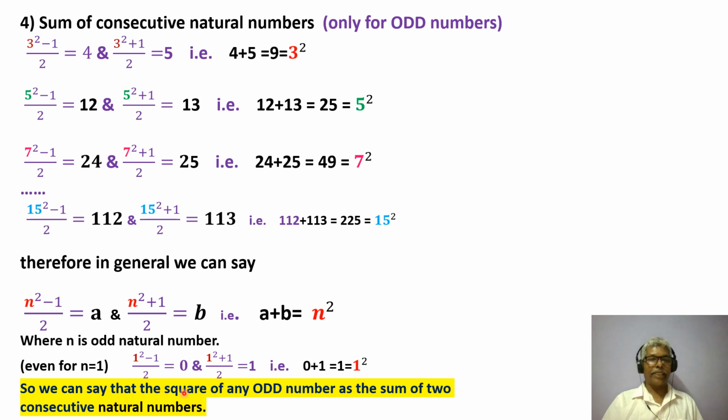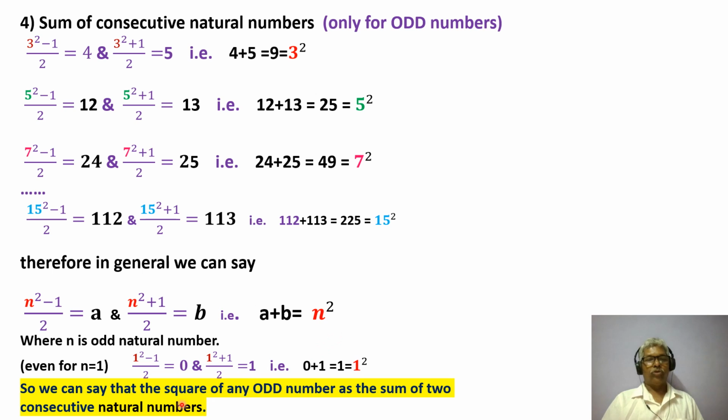So we can say that the square of any odd number can be written as a sum of two consecutive natural numbers. Okay, so got it? This is a very easy statement now.